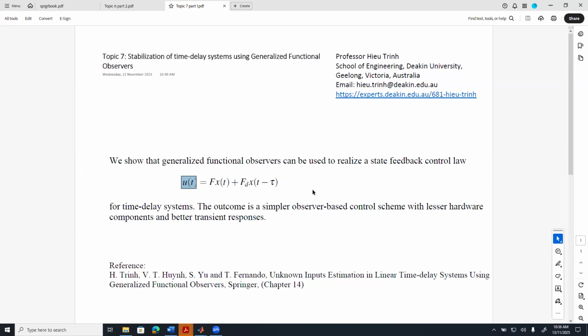As you know, the state vector might not be available for feedback control, and that's why we implement an observer. That is one possible way.